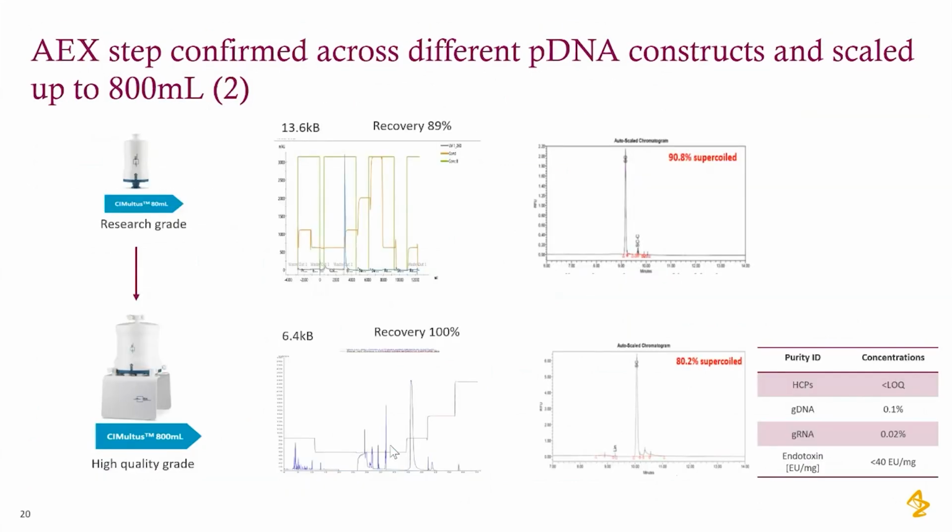And in this slide, you can see a comparison of the data from the 18 mL and 800 mL runs with two different constructs, where the recovery was approximately 89% for the 13.6 kb construct, and we got about 91% supercoiled, and for the 6.4 kb construct, we got 100% recovery on the 800 mL monolith column, and the levels of impurities were meeting criteria from the FDA.